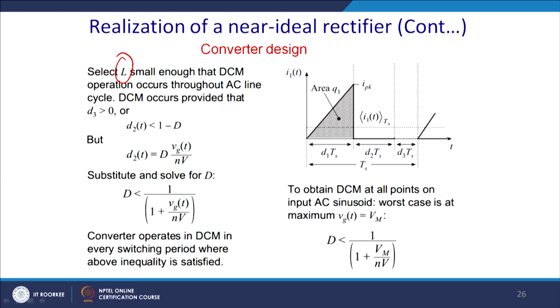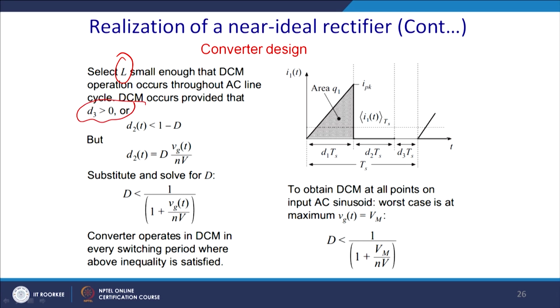So, we have told you that to make it operate in discontinuous conduction mode, we should select L a small value, so that DCM occurs through the line.